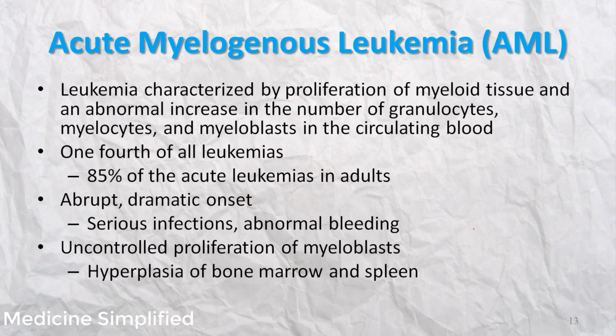Acute myelogenous leukemia. Leukemia characterized by proliferation of myeloid tissue and an abnormal increase in number of granulocytes and even myelocytes and myeloblasts in circulating blood.